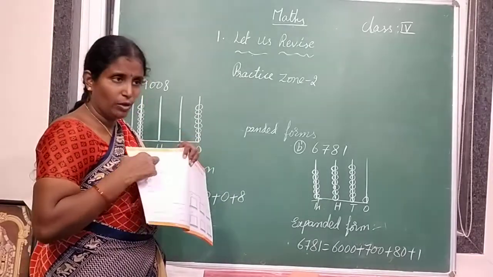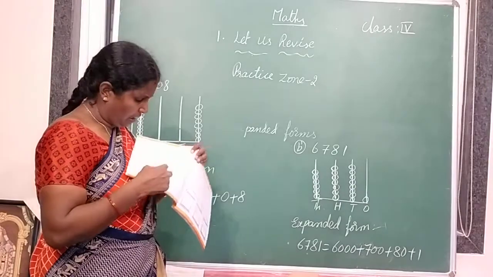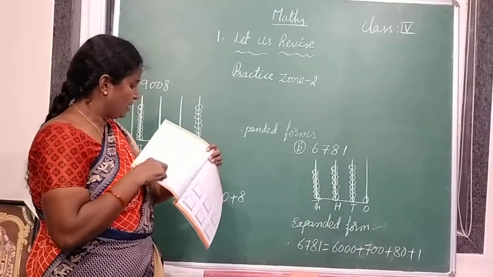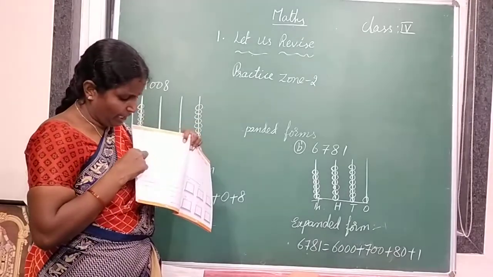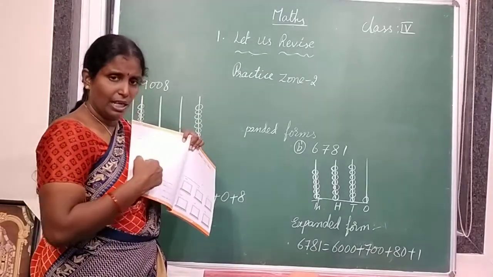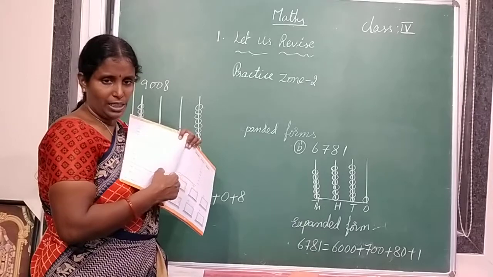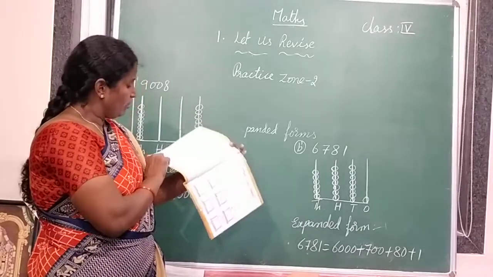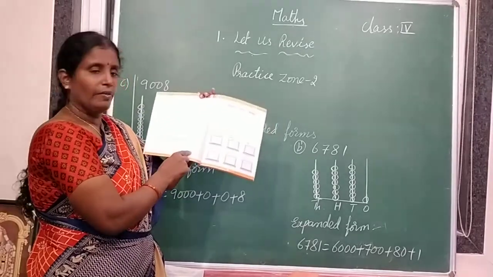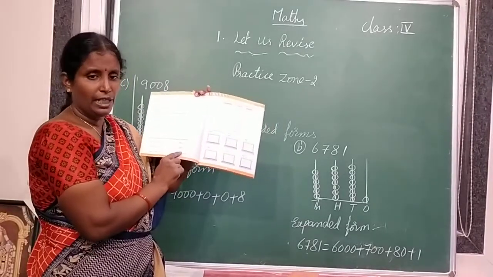And go for the next, third bit. In third bit, expanded form. Here number is given, how to write the expanded form. Understood? And fourth bit, expanded forms are given. You have to write the standard forms.